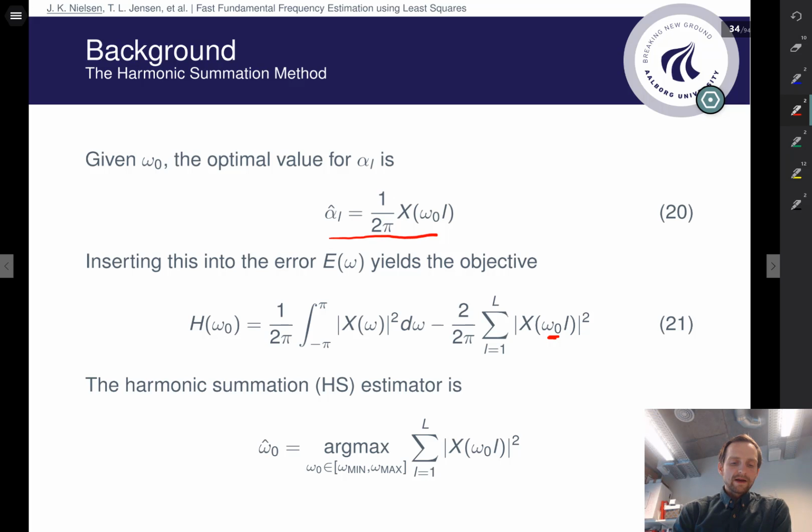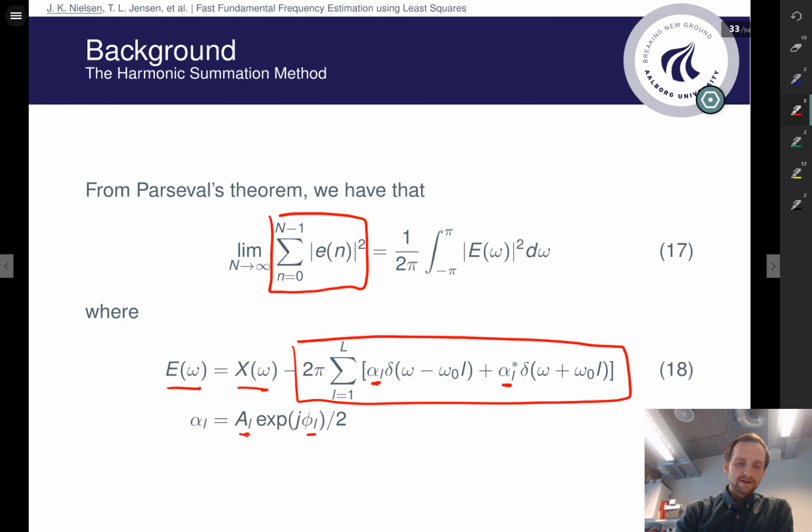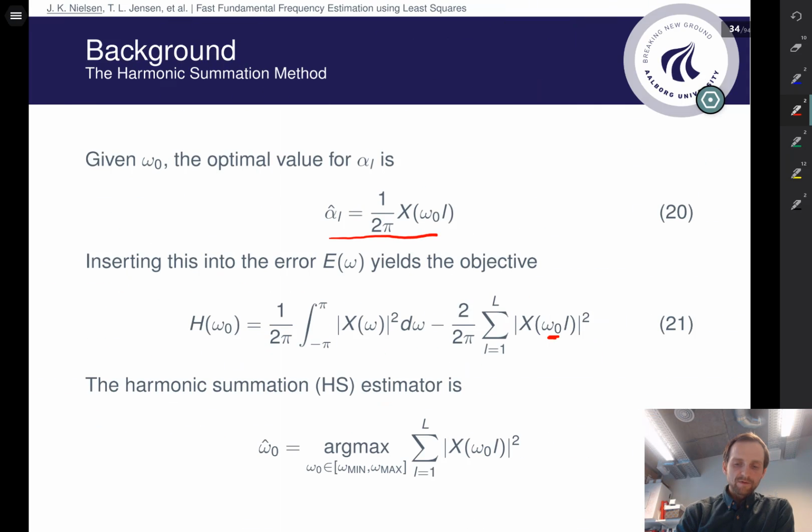So if we can maximize the last term, then we have minimized the least squares error up here when n is large. The expression we have in equation 22 is an approximate nonlinear least squares method, and it's called the harmonic summation method for historical reasons.